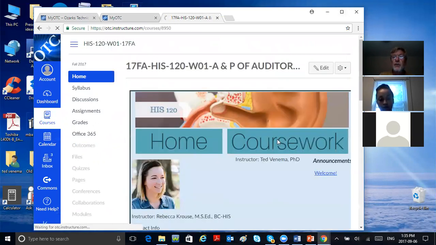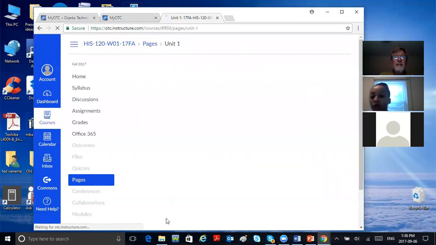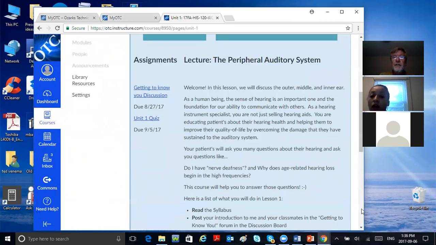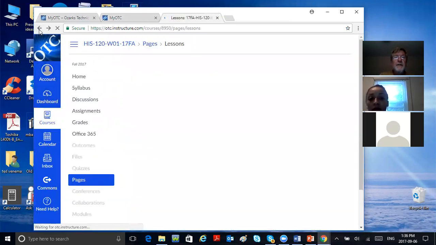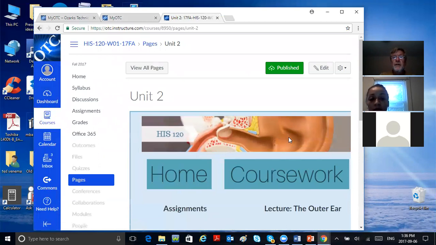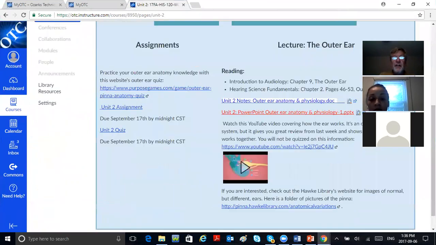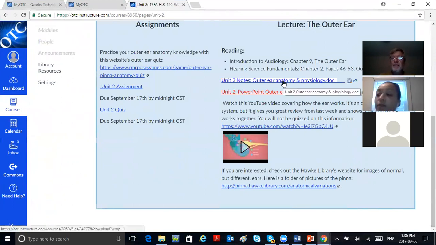And I'll go into coursework, and then I'll go into unit 1. I think, no, that would be unit 2. Oh, maybe that's why. That's the peripheral auditory system. We don't want that. So I would probably go back here, and I would look more in unit 2. And when you look in unit 2, I'll just blow this up. Lecture, the outer ear. And it should be here, notes, outer ear and anatomy. Okay, I can just print them as we go then. Yeah, no worries, all good.